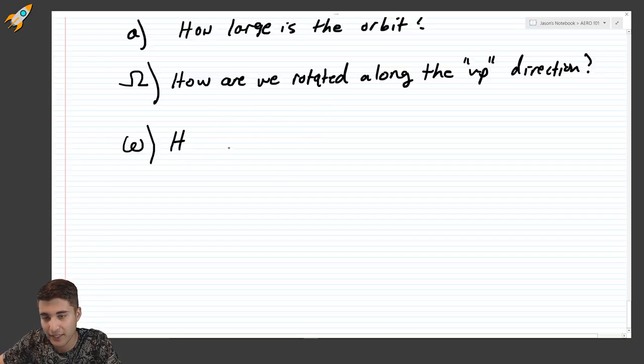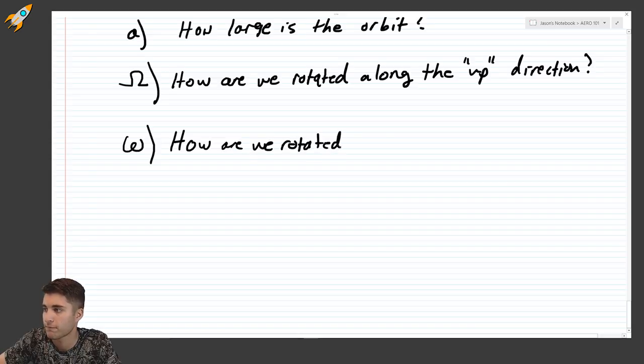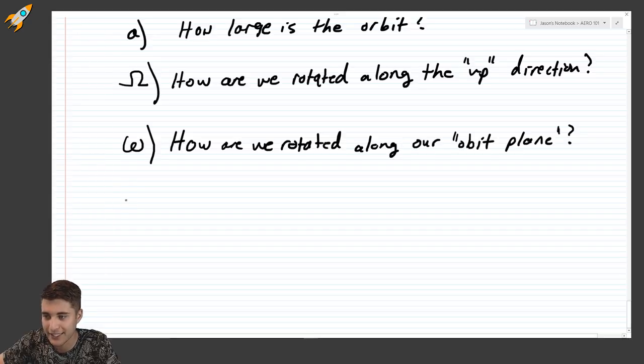And then we've got little omega, which is how are we rotated along our orbital plane, or orbit plane, right? But then we need this sixth parameter that we don't know yet. And where are we?